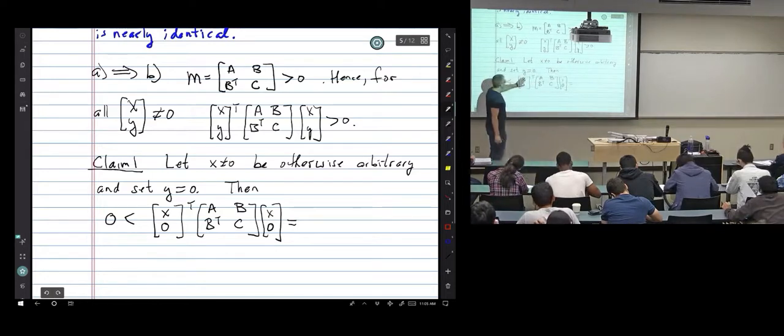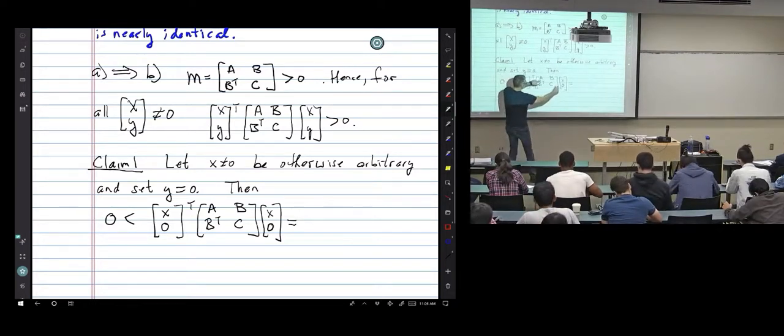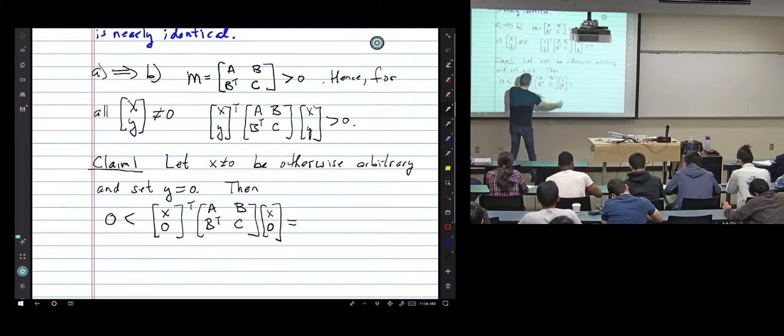Okay, this vector is non-zero because we took x not equal to 0, and this matrix is positive definite, so this is strictly greater than 0. But now when we multiply this out, we get Ax plus B times 0. Okay, we get B transpose x, 0 in the bottom, and then we get x and 0.